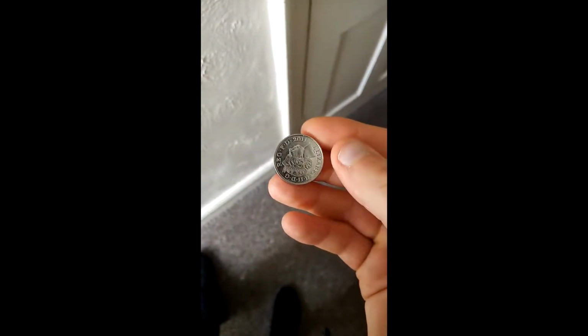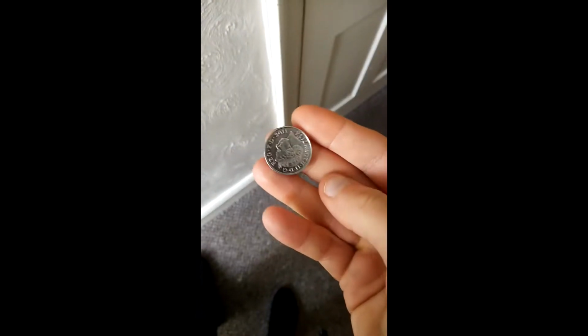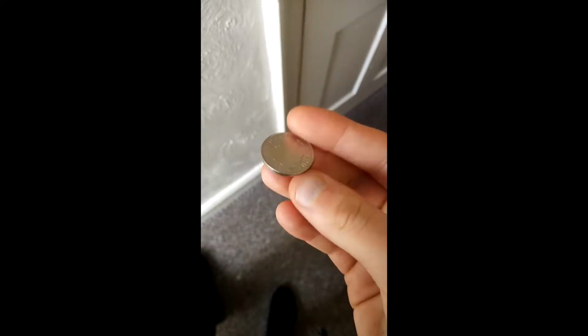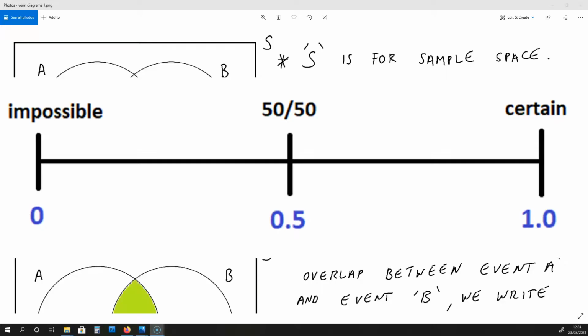The probability of getting heads is 50%, and the probability of getting tails is also 50%. So you would assign the value 0.5 to flipping for heads, and you would assign the value 0.5 for flipping for tails. So as you can see, probabilities lie on this spectrum between 0 and 1.